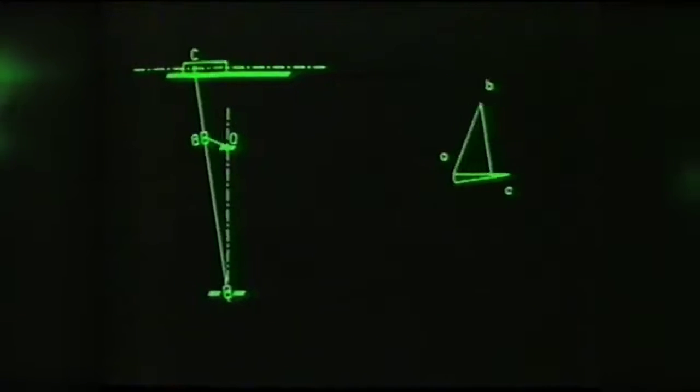And when little c is to the right of O, the slider is moving forwards. Notice that the return velocity, when little c is on the left, is considerably larger than the forward velocity when little c is on the right. And this is what you'd expect from a quick return shaping tool.